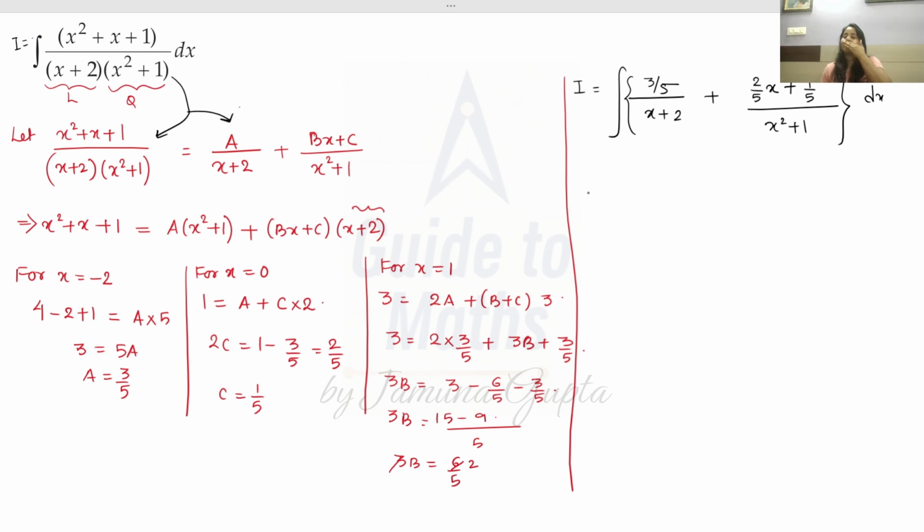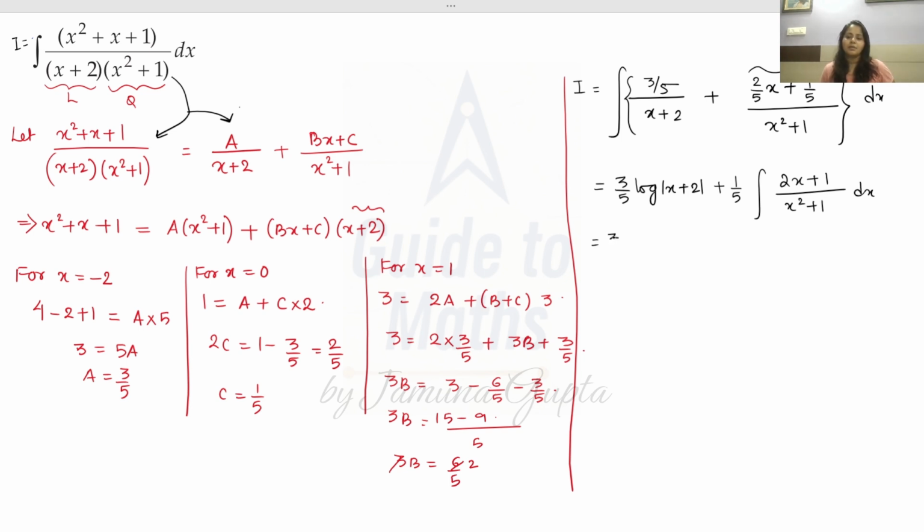In this one, 3 by 5 is taken out common, and the integration of 1 by x plus 2 will be log of x plus 2. Now in the numerator we can easily take 1 by 5 common, so you are left with 2x plus 1 by x square plus 1 dx.